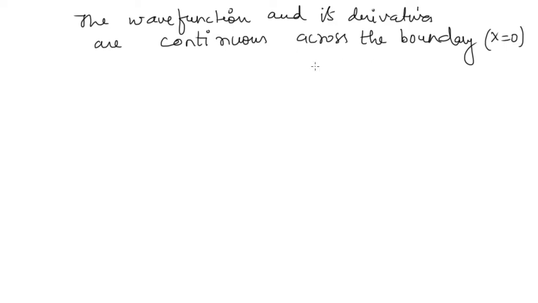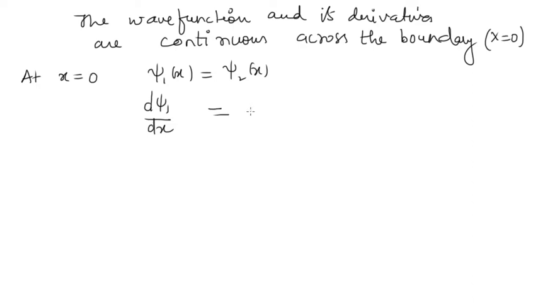So when I put x equal to 0, psi 1 is equal to psi 2, and d psi 1 by dx is equal to d psi 2 by dx. This is at x is equal to 0. This is also at x is equal to 0.